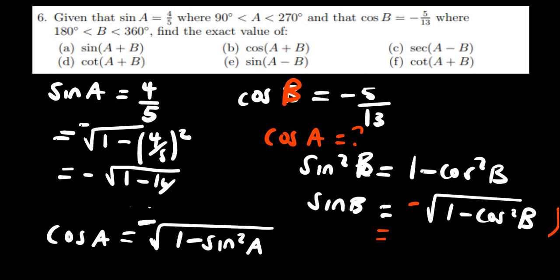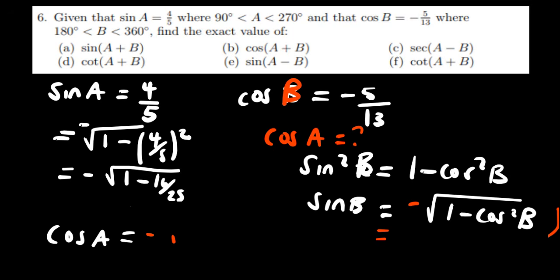If we square 5, that is 25. Then 1 minus 16 over 25 gives me negative the square root of 9 over 25.